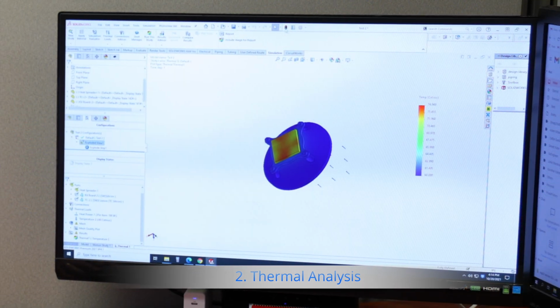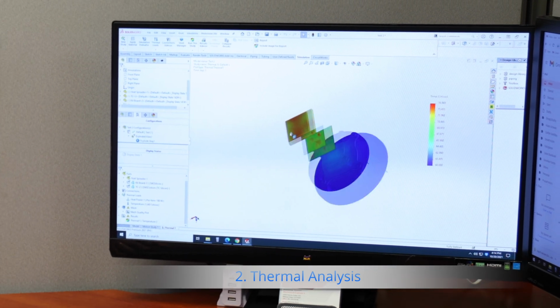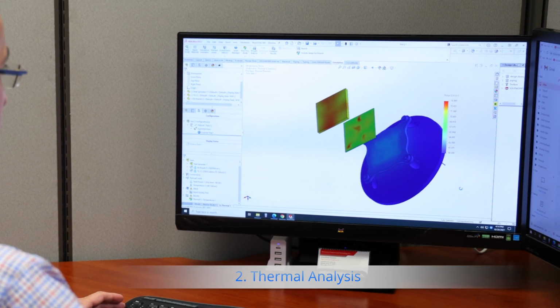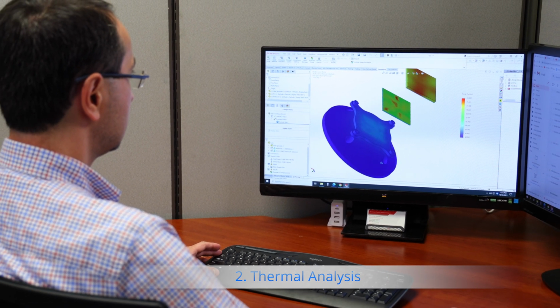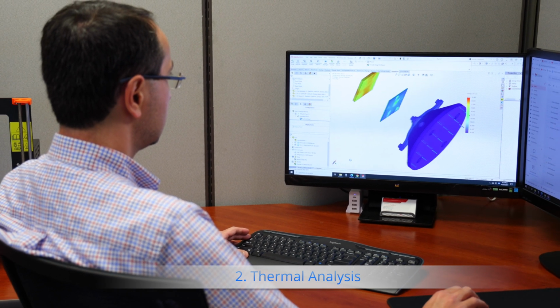The second most important item is thermal analysis, and specifically heat transfer. Heat transfer is important because it's how you predict the transfer of heat from the electronic components to the thermal path out to be dissipated into the atmosphere, or if it's a water-cooled system, out to the water cooling.